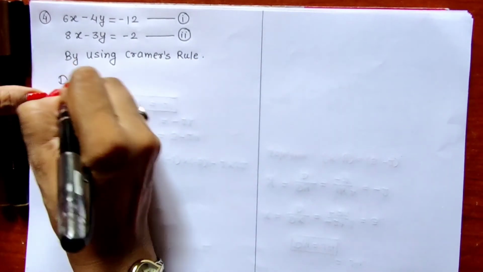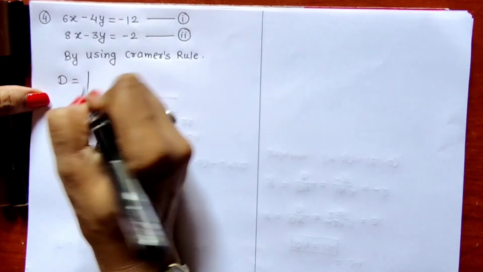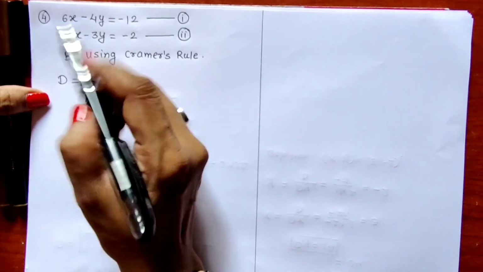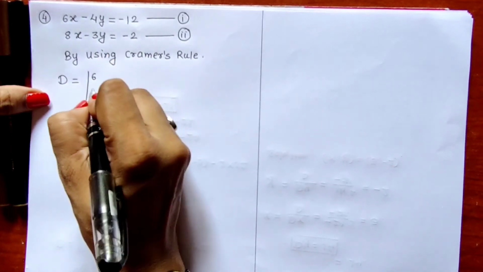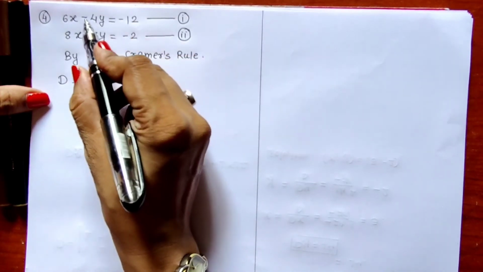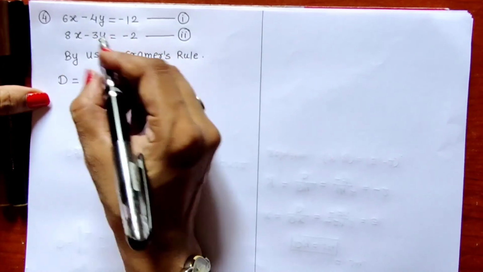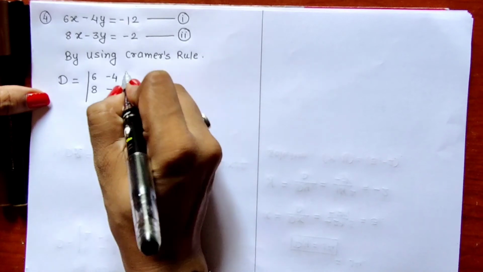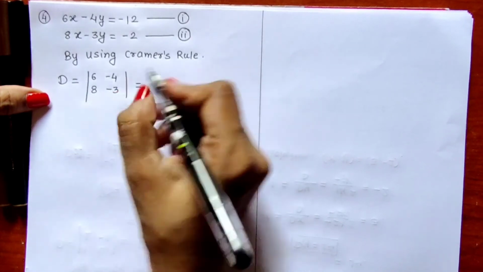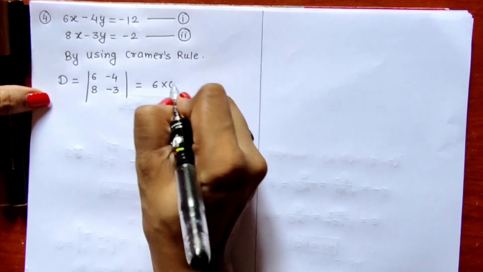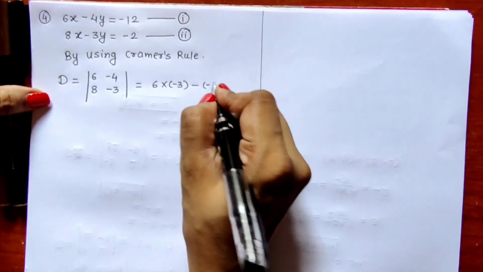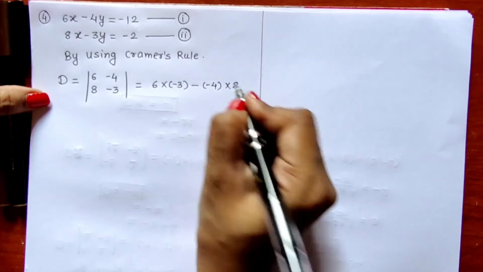First we write determinant d is equal to coefficients of x and coefficients of y in the columns. 6 and 8 are the coefficients of x, and y coefficients are having negative sign, so write with the negative sign, -4, -3. Now cross multiply. 6 multiply by -3 minus -4 multiply by 8.